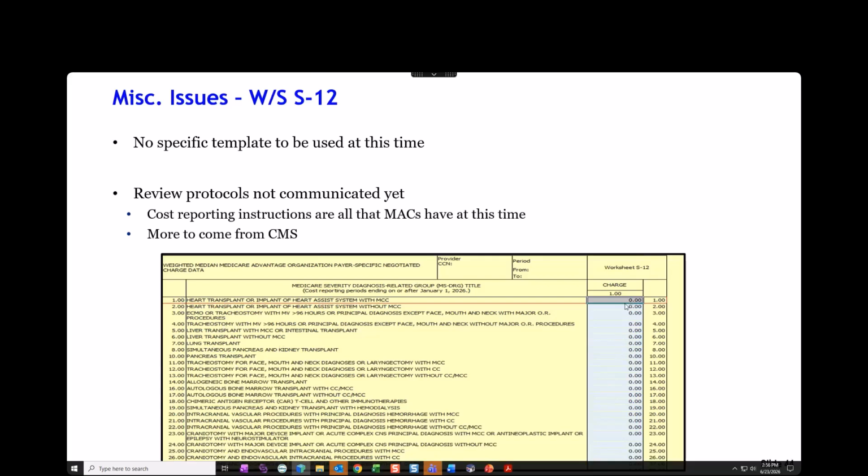Now, as far as calculating it, the instructions do a decent job of showing you what they're looking for, but as far as a template, there isn't one yet for how you support your calculation. So what they want is, let's say for DRG 1, take a look at how many discharges you have across all of your MA plans, all the patients that were MA patients, find what that negotiated charge was, list them out, highest to lowest, and find the middle value, the median.